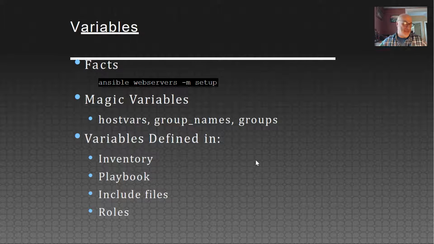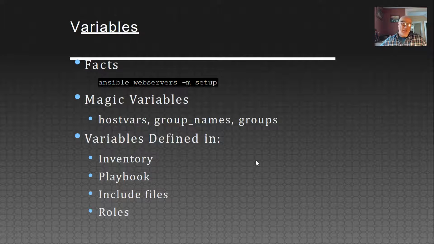We've got magic variables, so to speak, which are things like hostvars and group names and groups. Those are variables in that you define them in places like your inventory, and you can't reuse them for something else, but they're a little special.